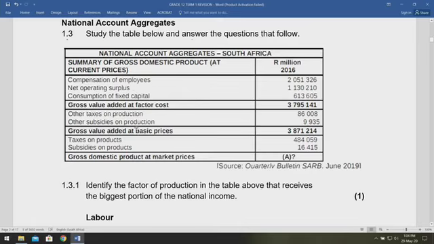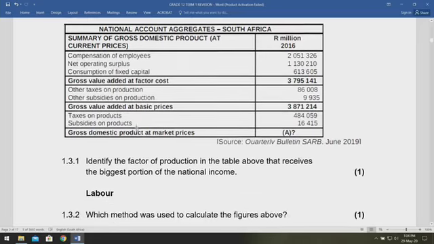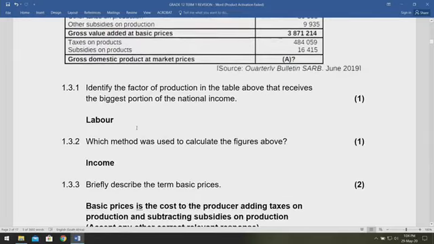Now I go and look at what the questions are that are being asked. Right, question 1.3.1 says, identify the factor of production in the table above that receives the biggest portion of the national income. Now that is directly off the table.